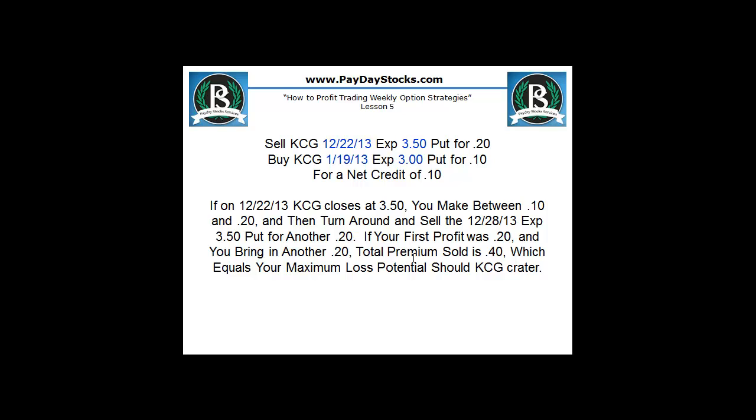Now there are some possibilities that will not be the case. For example, if you have earnings one week and then not earnings the next week, or the market's already made a move, or the market made a move due to some sort of news, so it changes the value of those options, then you may not be able to bring in those.